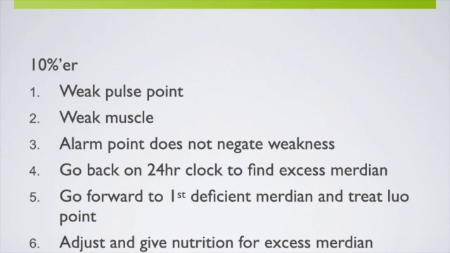And you would also check, evaluate and adjust at L12, which is the associated point for the bladder. It's bladder 22, which is right at L12. So that's what we call the 10%er.